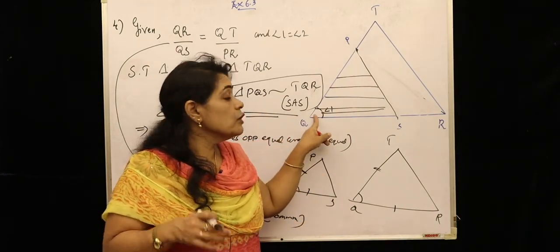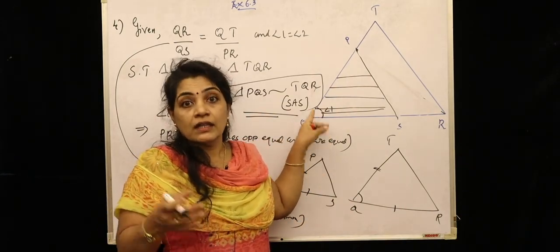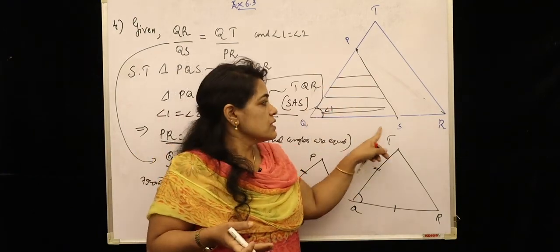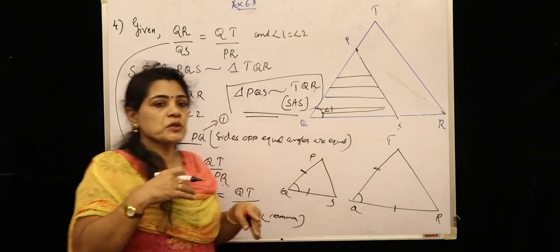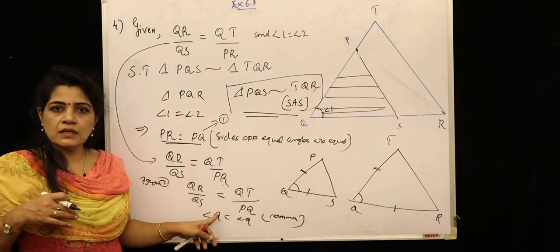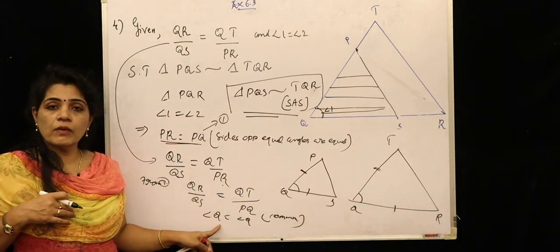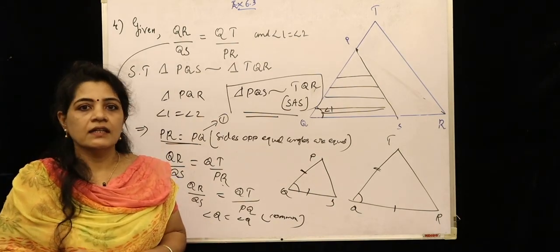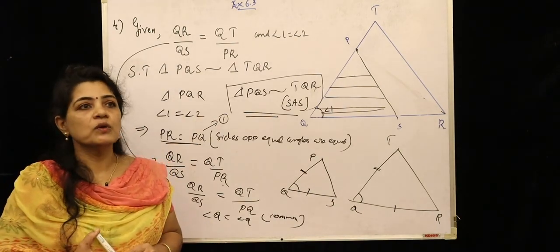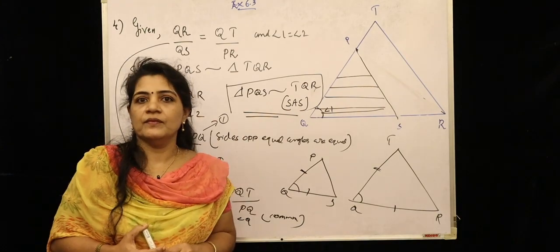That means angle Q is common. The change goes only for these sides, and they get reduced in the same ratio. So we have seen that the ratios are the same and this common angle is there. So under the SAS criterion, you can say that triangle PQS is similar to triangle TQR. Is it okay, children?